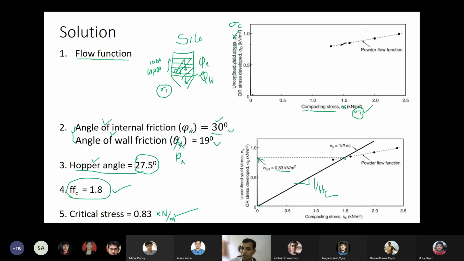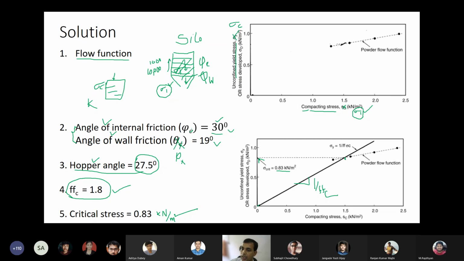Rather, Jenike has given another way to find out FFC. Let's say you have a small cup of powder and you have applied a known amount of compaction. You can find out sigma 1, and from sigma 1 you can find out sigma c, then you can find out the ratio, whatever K. But in a silo, this is difficult to find out because that varies from level to level, height to height.